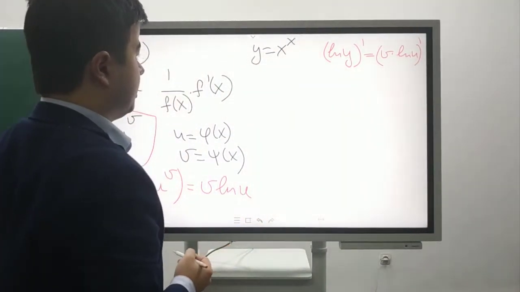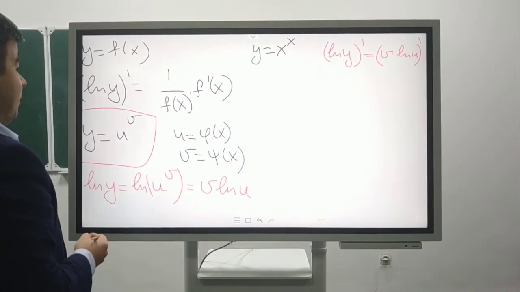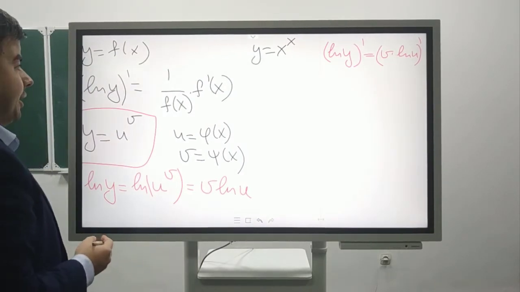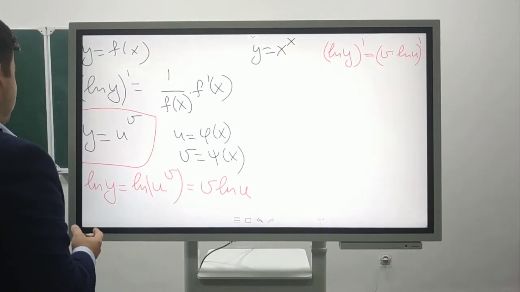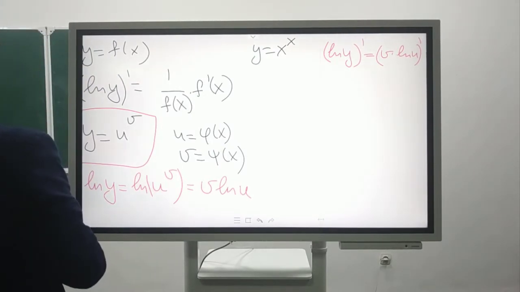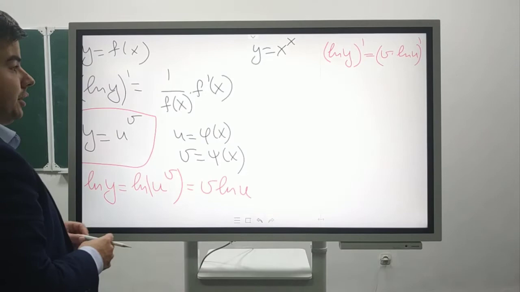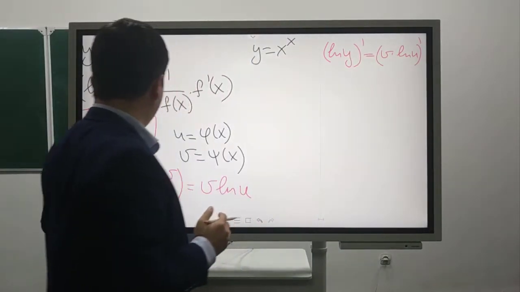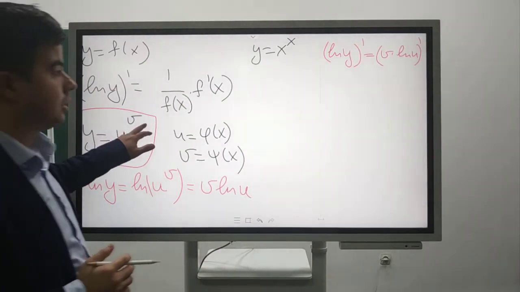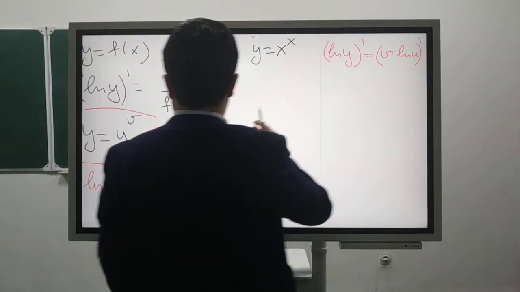Okay, so natural logarithm of y derivative, we should find here just derivative of this function. Now it is y, because y is a function depending on u and v.